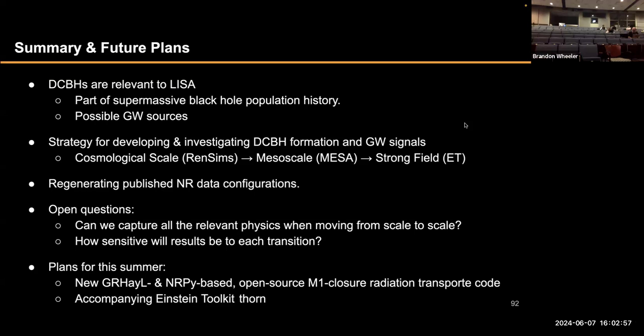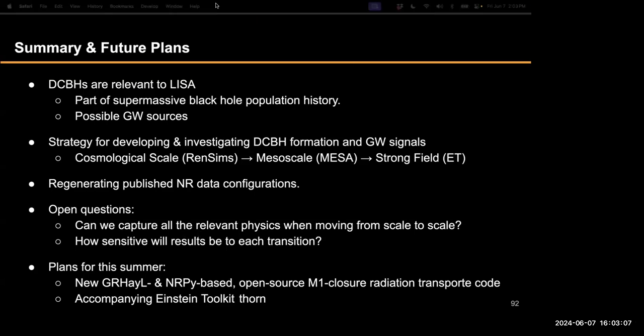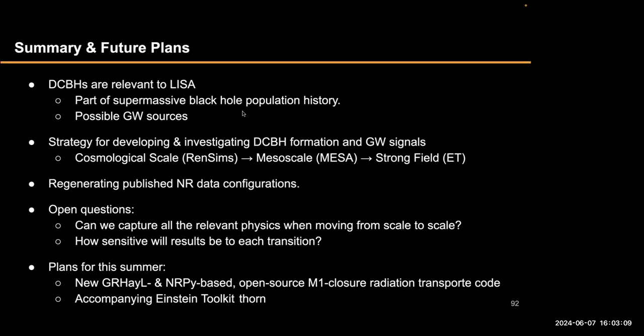I mean, MESA, I don't think is particularly trustworthy for a million solar mass star, for example. Yeah, that's a good question, and that's part of the difficulty that has arisen when we started looking into this. Right now, we're looking into this simpler approach of simply using MESA to inspire some.